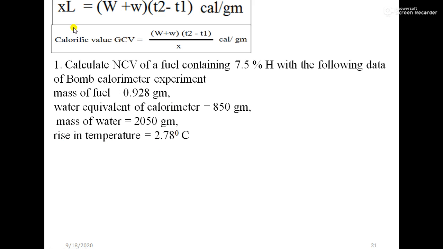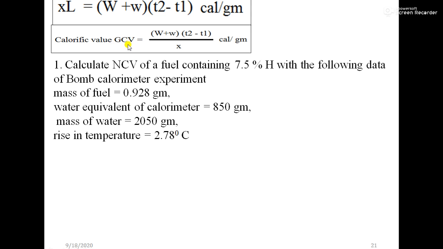So you can write here X is 0.928, omega is 850, W is 2050 gram, and T2 minus T1 is 2.78 degrees Celsius. From that you can calculate GCV.